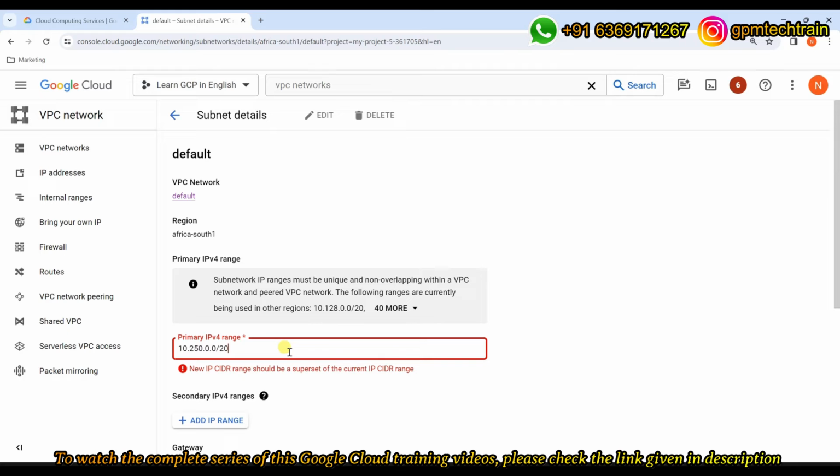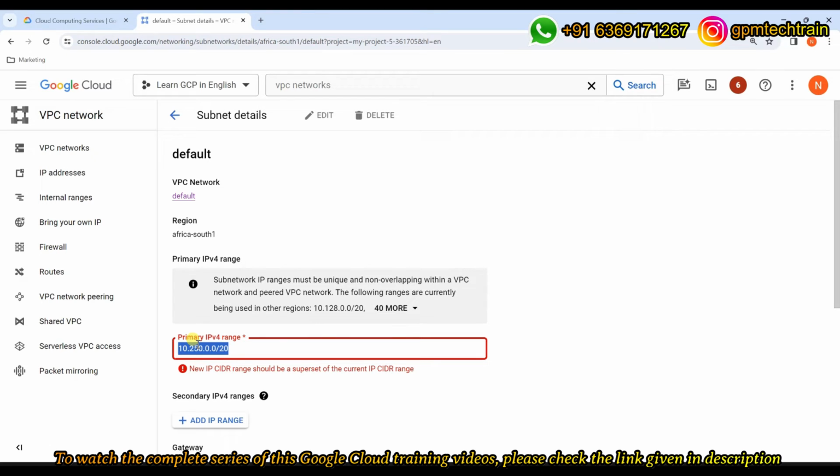One thing is possible: by default it comes with a /20 subnet, and you can expand it up to /16.